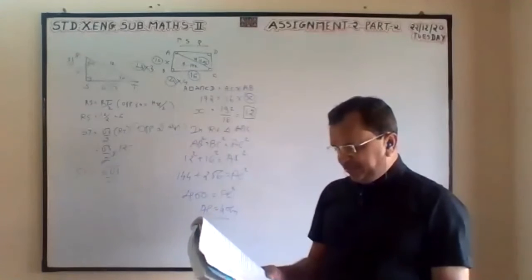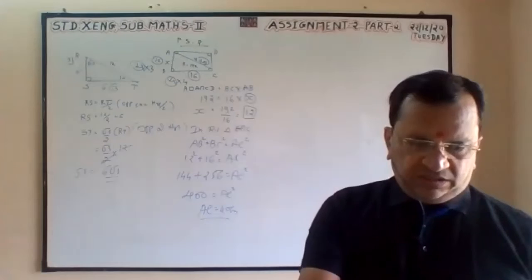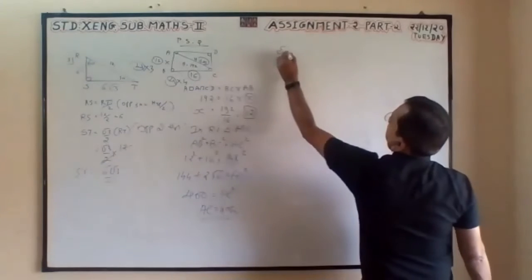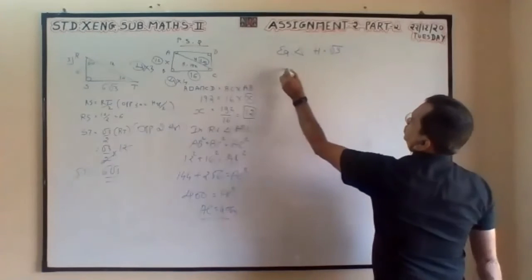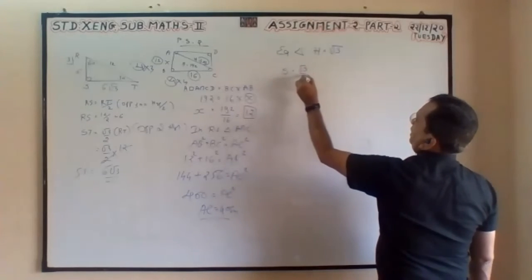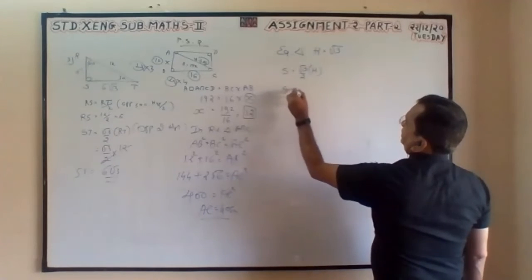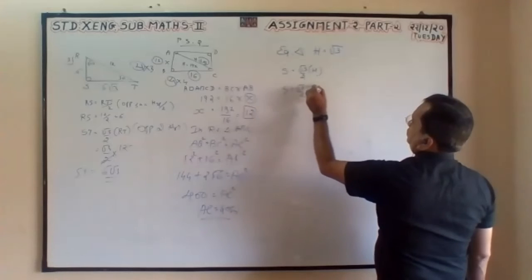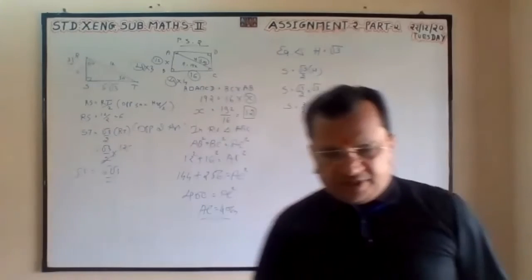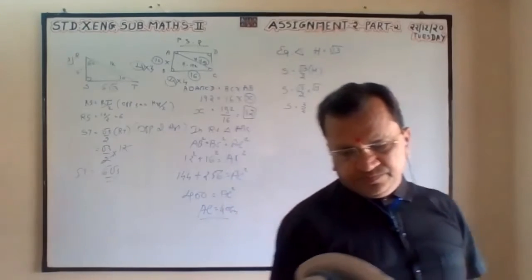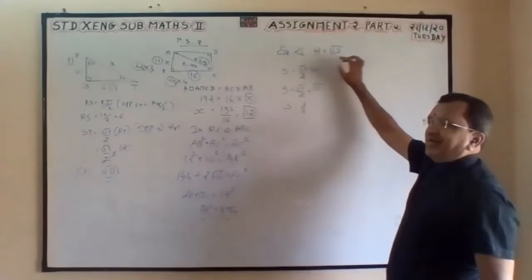Find the length of the side and the perimeter of an equilateral triangle whose height is root 3. Equilateral triangle, height is equal to root 3. So side is equal to root 3 by 2 of hypotenuse... sorry, height is given, it is an equilateral triangle.